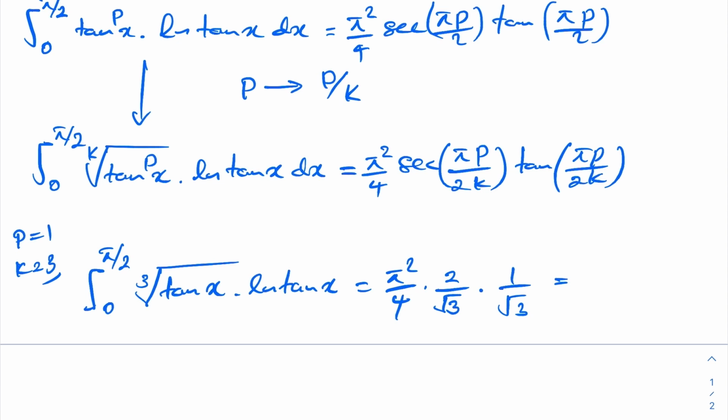So if we simplify, here 2 gets cancelled, here 3 times 2 is 6, so pi squared over 6. Okay, this is the answer.